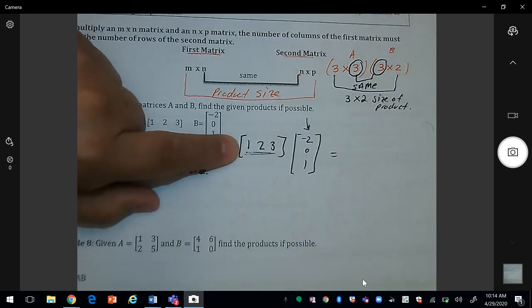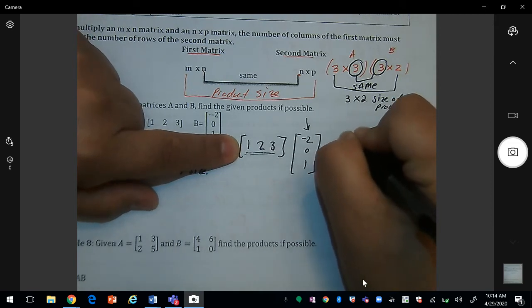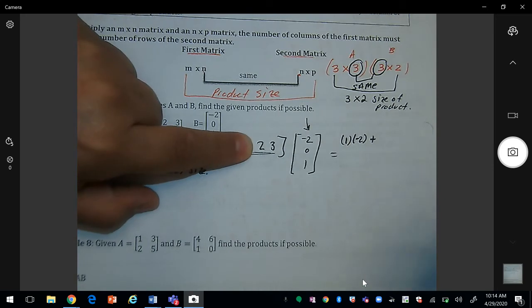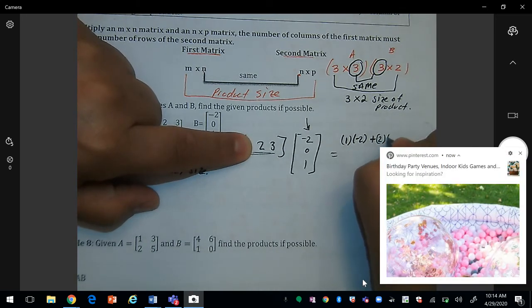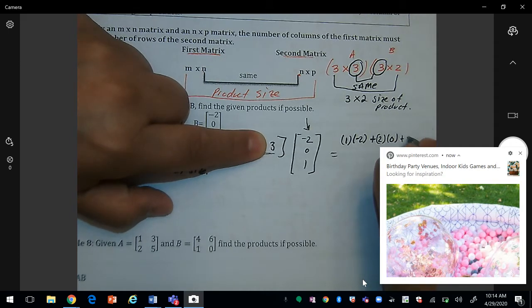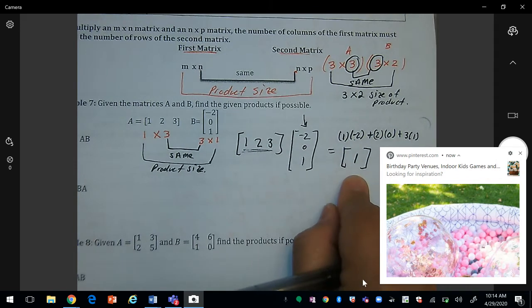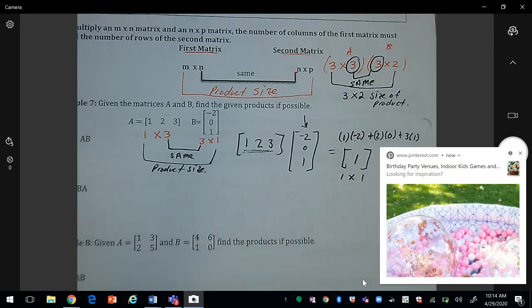So we have the first number, 1, times the first number, -2, plus the second number times the second number, and then the third number times the third number. So 1 times -2 is -2, this is 0, and then 3. So -2 plus 3 is 1. So our resulting matrix will be equal to 1. And again, you can see that this is a 1 by 1 matrix.